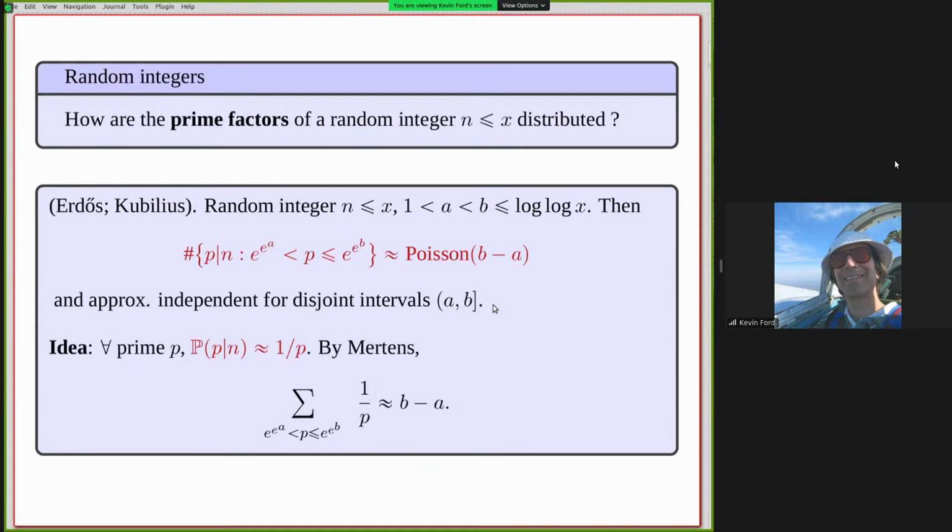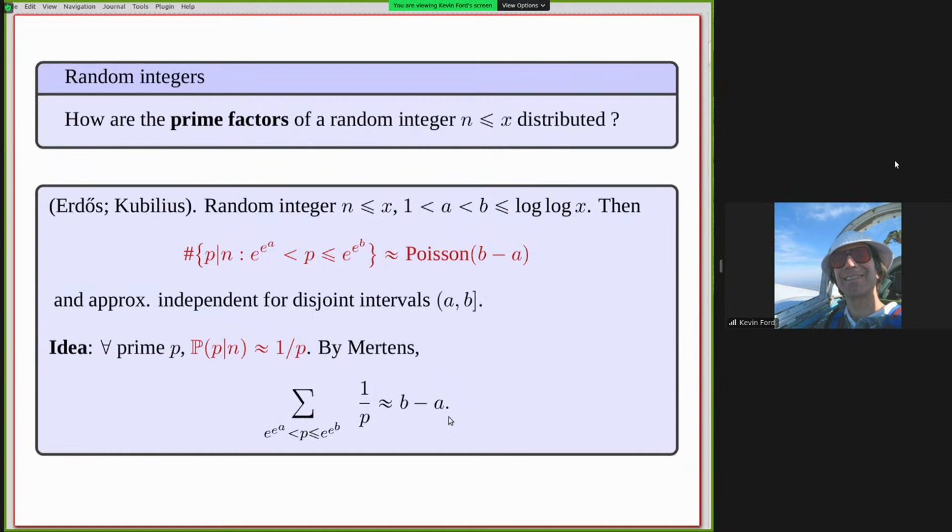The underlying reason is essentially Mertens' theorem. So if you take a random integer n and you take a prime p, what's the probability that p divides n? It should be about 1 over p. So if you sum that probability over an interval, you apply Mertens' theorem, and you can see that normally you will have b minus a primes in such an interval.